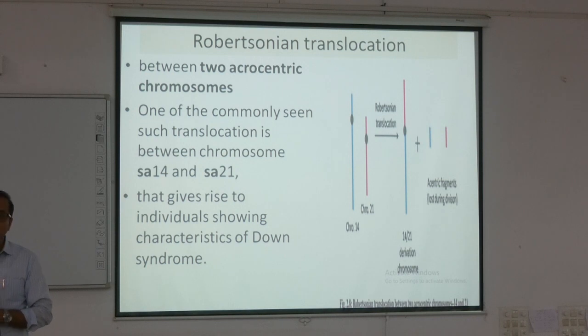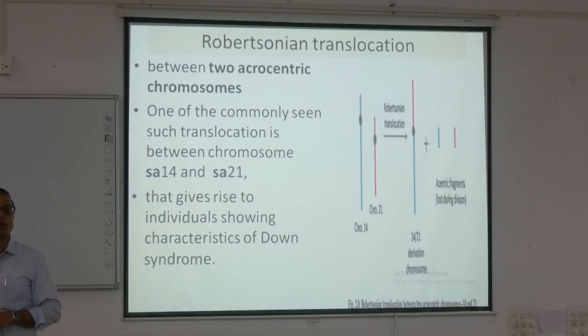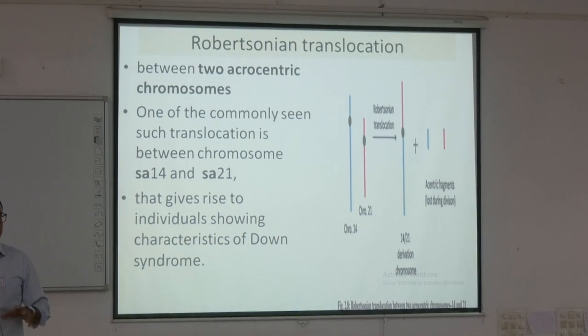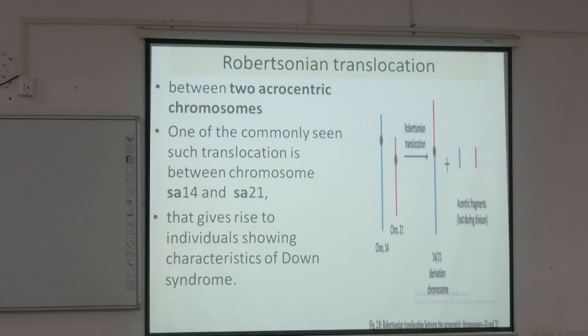So one of the causes of Down syndrome is one extra chromosome 21, so there are 3 in those individuals. Apart from that, in some individuals there is no extra 21 chromosome. Rather, they have this particular Robertsonian translocation. So this is one of the causes of Down syndrome. That's why it has great clinical importance to us.